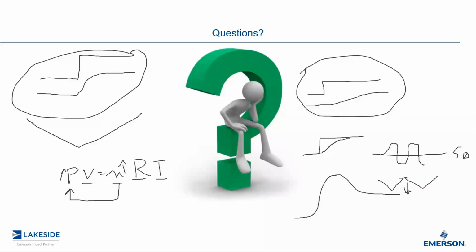And it's one of the first things I look at when I go into a control room. I look at all the trends. If I start seeing triangular patterns, that's an indication that could be a valve-related issue. So those are the two scenarios that I can imagine.